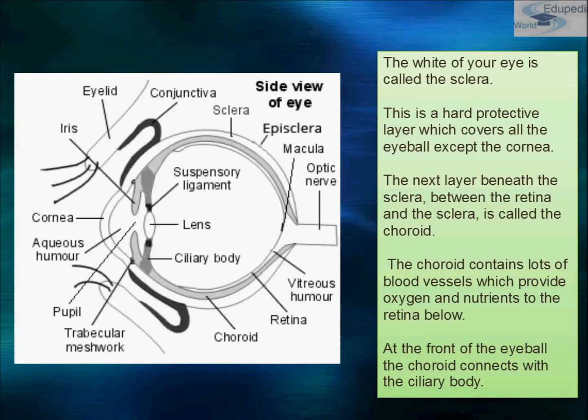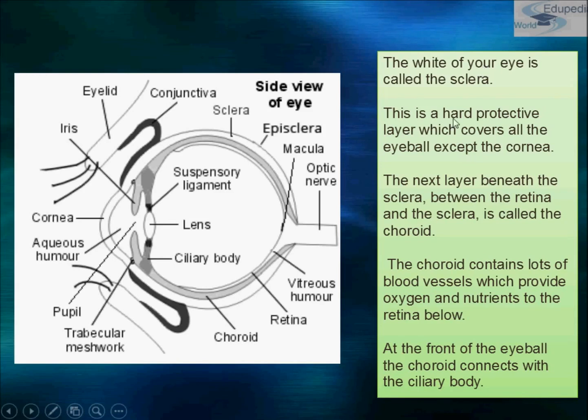The cornea is covered by a thin transparent vascular conjunctiva. As you can see, this is your conjunctiva.